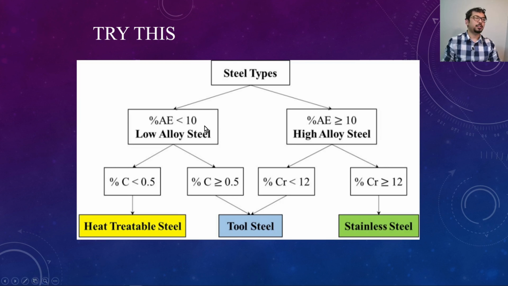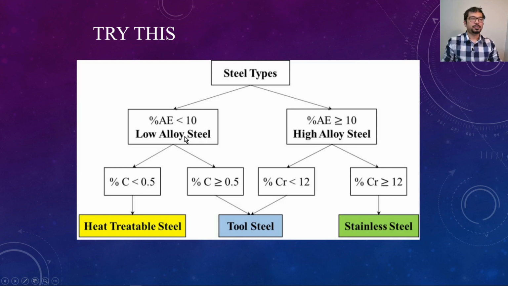So as you can see on top, there's steel types. If the percent of AE is less than 10, it will be low alloy. If it's greater than or equal to 10, it will be high alloy steel. Okay, and then you can see it goes back further. So percent C is the carbon content. So if the percent AE is less than 10 and percent C is less than 0.5, it will be a heat treatable steel.